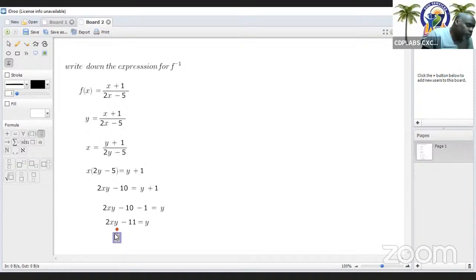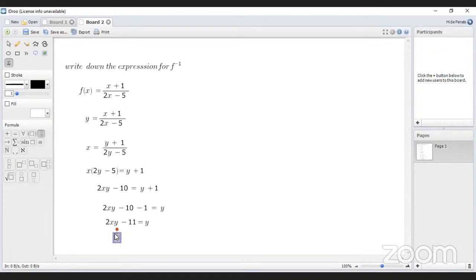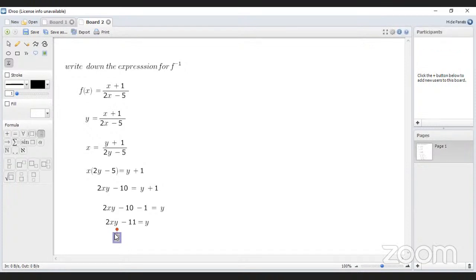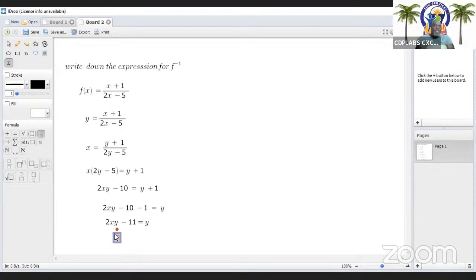Would it be like 11 over 2x minus 1? 11 over 2x minus 1. Yes, it looks like that.